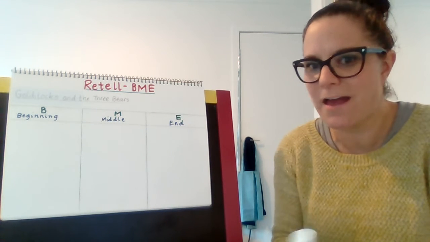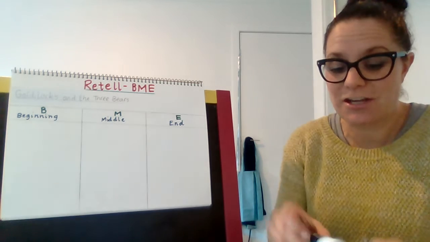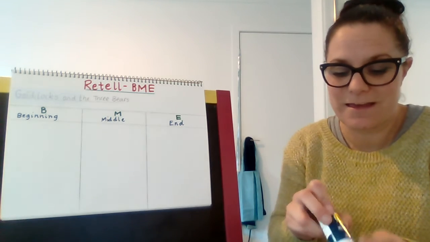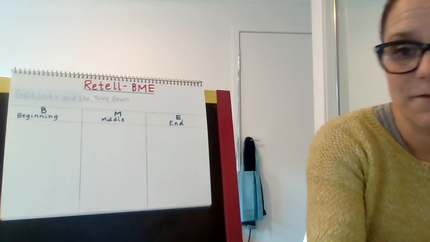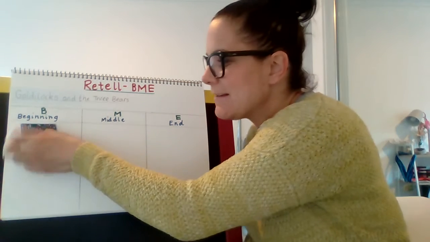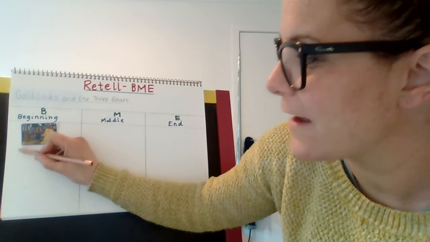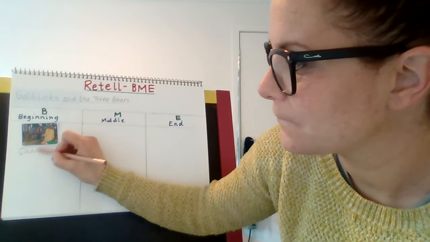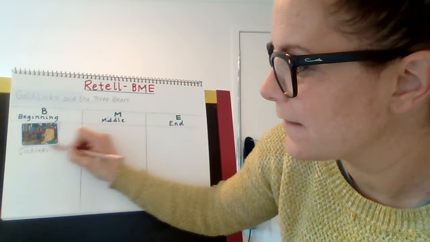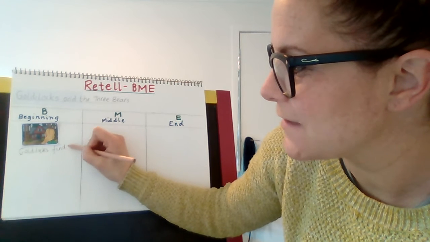She doesn't know the bears live there, but she is tempted. She goes into the house. So the first part in the beginning is Goldilocks finds a house. Goldilocks finds a house. And she goes in.